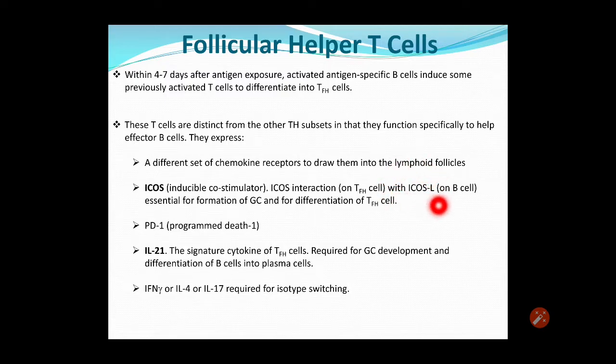And so this is what drives affinity maturation and isotype switching. IL-21 is an important cytokine that follicular T helper cells make, which is needed for the germinal center development and differentiation of B cells into plasma cells. As I said, whether the B cell antibody that's made is IgG, IgE, or whatever, is dependent on the cytokine produced by the follicular T helper cell. Alright, that's it.